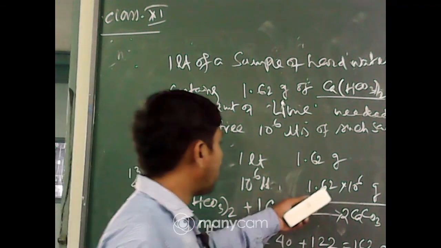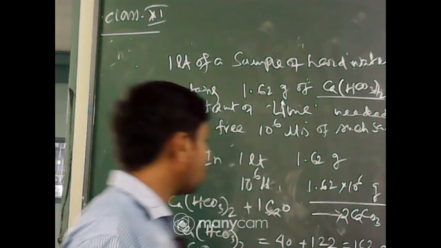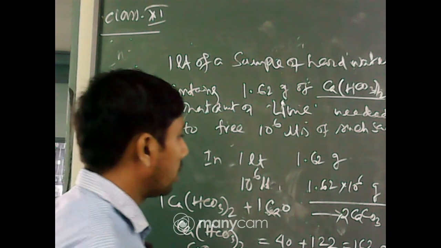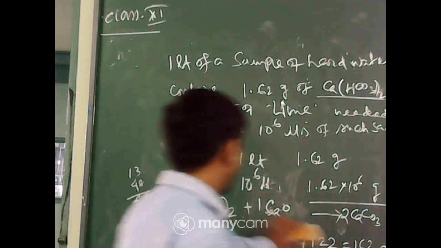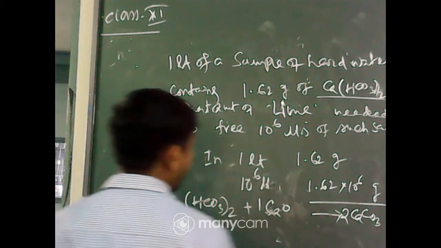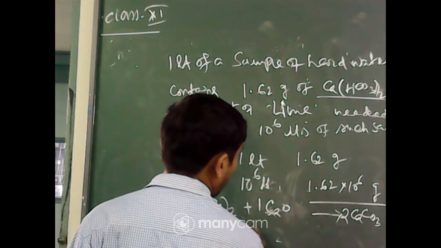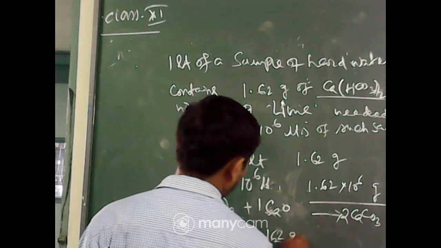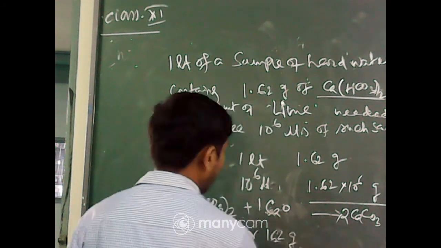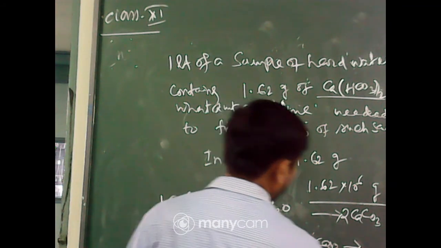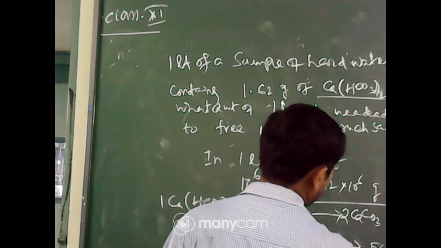Here the present amount is 1.62 into 10 to the power 6 gram. Now, just take the ratio to get the answer. For 162 gram bicarbonate, 56 gram CaO is needed.